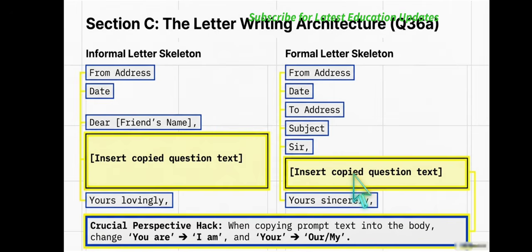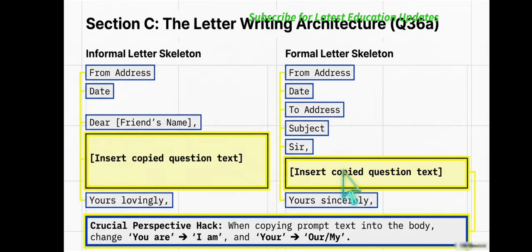So modern English is always, now you can see here on the paper everything is left, right? Not the right, here everything is left. So this is modern English, you can follow it, or if you want to follow the traditional mode, you can still follow and we will award the marks, right? So here insert the copied text, right?